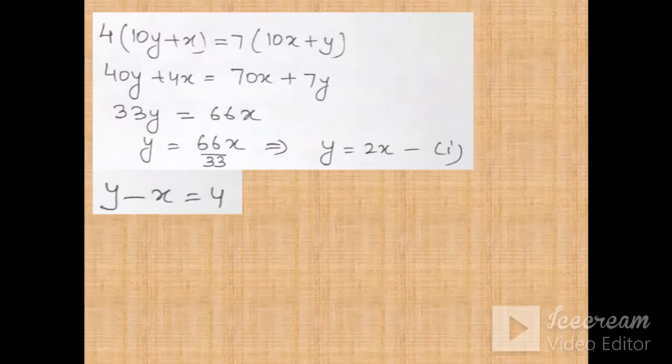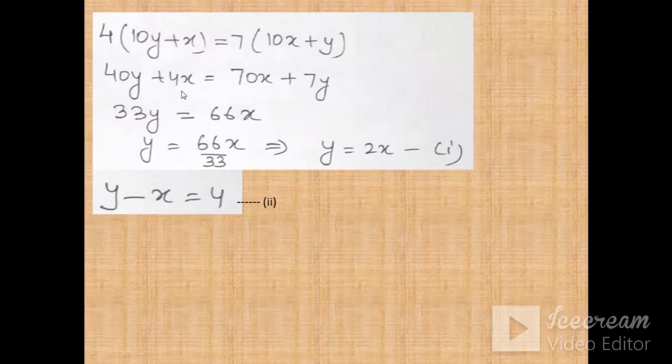So our first condition is: four times a certain 2-digit number, that is 4 into this 2-digit number, is 7 times the number obtained on interchanging the digits. That is, 4 times this original number is 7 times the number obtained while interchanging the digits. So this will be the first condition.